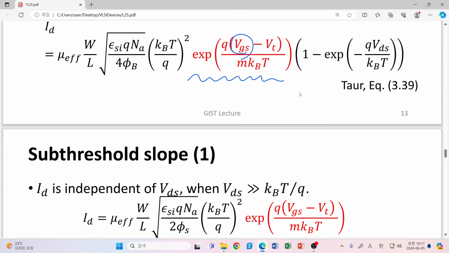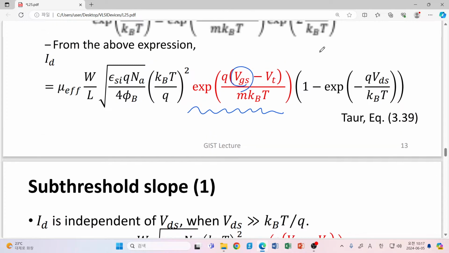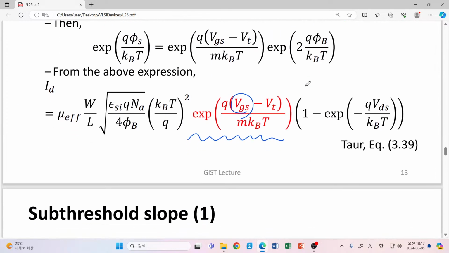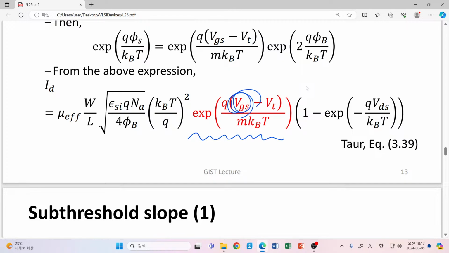And up to now, I have stressed that the trade ratio or efficiency between gate voltage and surface potential is given as M. So as you can see, starting from our original surface potential dependence, when we convert it to gate potential difference, we have to introduce the conversion factor, and it is shown here as M.